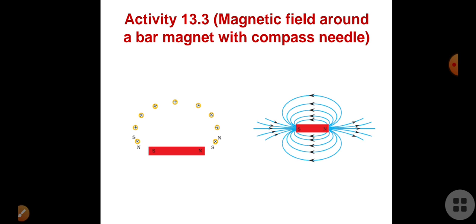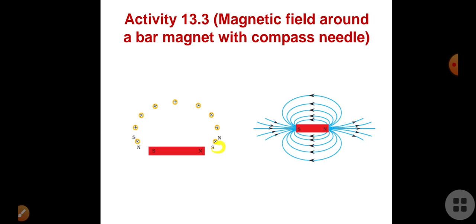Take a small compass and a bar magnet and place the magnet on a sheet of white paper fixed on a drawing board using some adhesive material. Mark the boundary of the bar magnet. Now, place the compass near the north pole of the magnet.